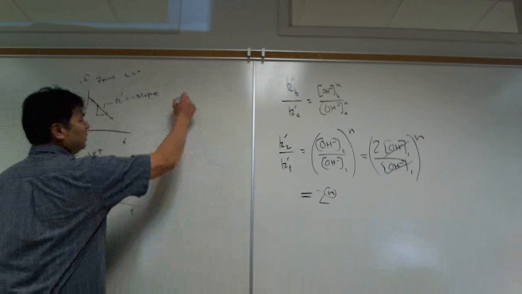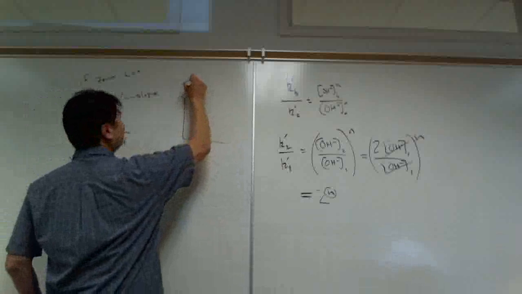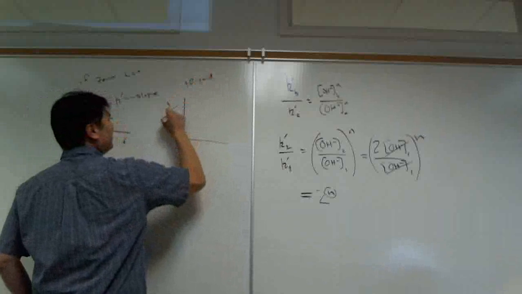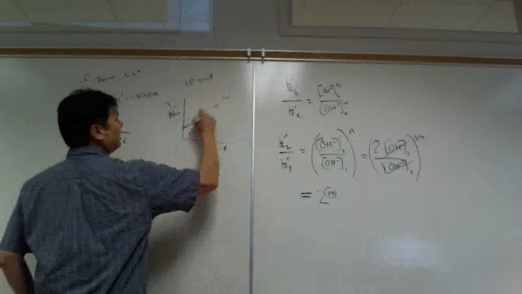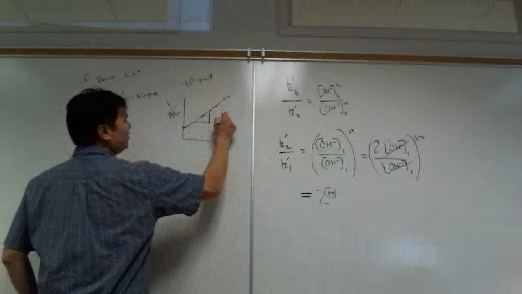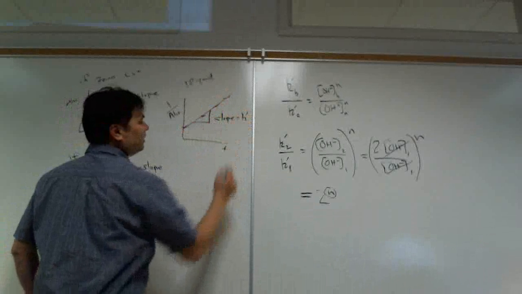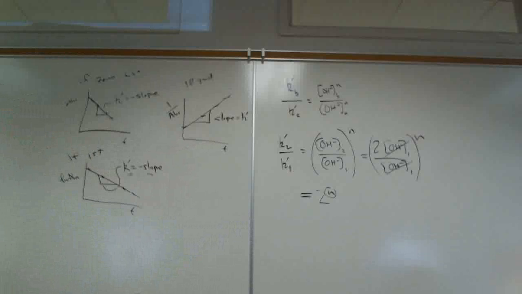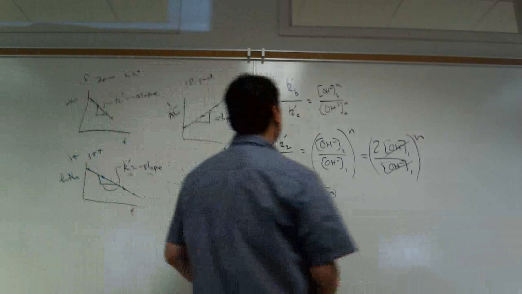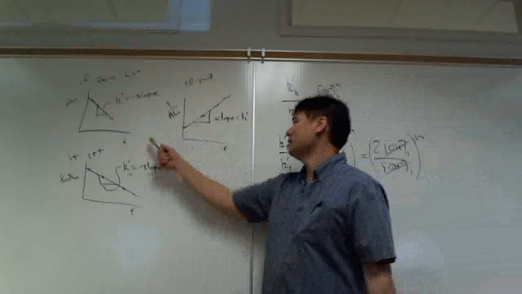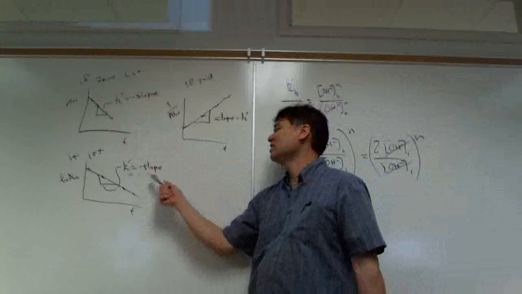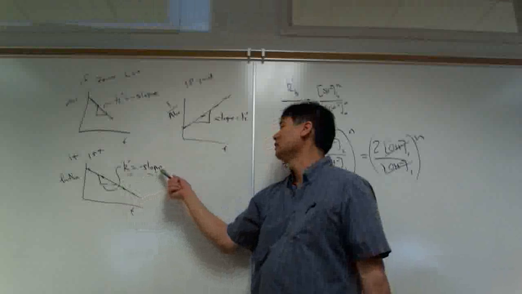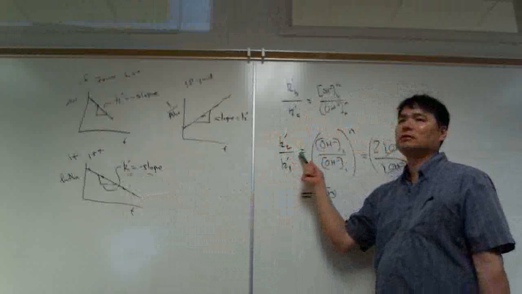If it's second order, then 1 over the absorbance versus time will give us a straight line, and the slope is just equal to K prime. All right, so we just figure out which of these plots is linear, and then we figure out the slope of the line, and that's our K prime value.